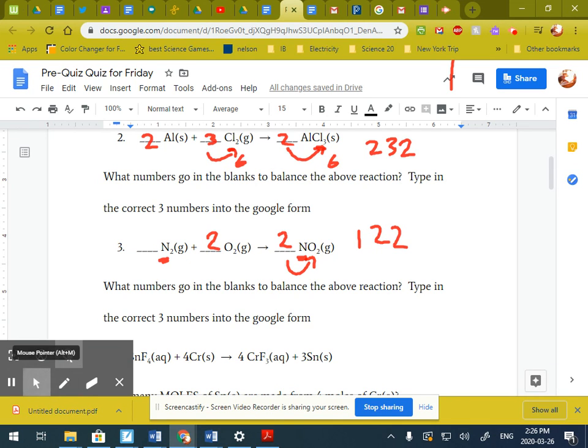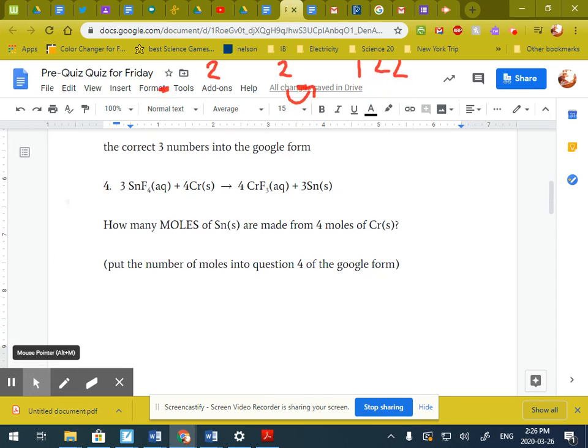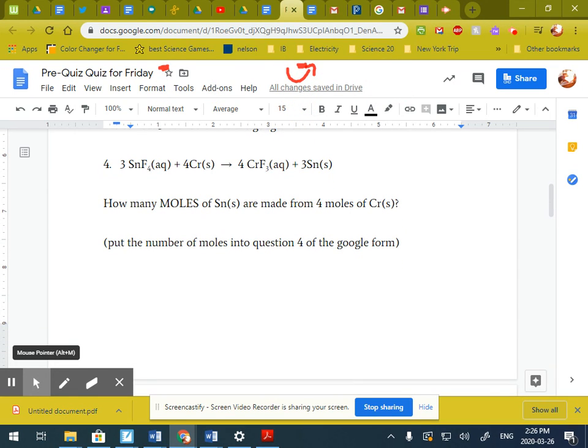All right. Next question. Now this is a mole ratio question. It says how many moles of tin are made from 4 moles of chromium? So if we write 4 mole chromium here, and it's asking for tin, that's our question mark. This is our required, this is our given.